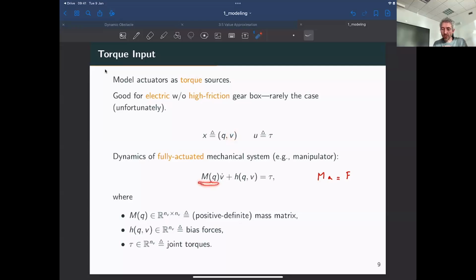This matrix is positive definite, which is the equivalent of being positive for a scalar. In the scalar case, the mass of a body cannot be negative. Of course, you cannot have a negative mass. And in the multi-body case, the mass matrix cannot be non-positive definite.